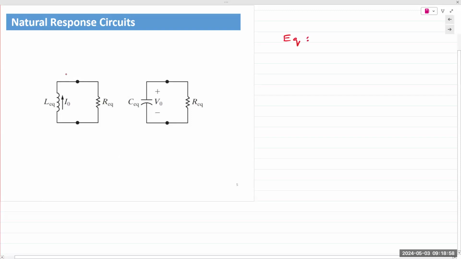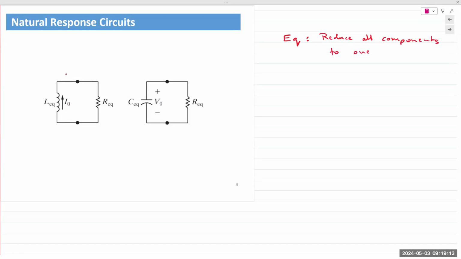So EQ simply means that there is a possibility to reduce all components down to one single equivalent component. Okay, it's one single component.